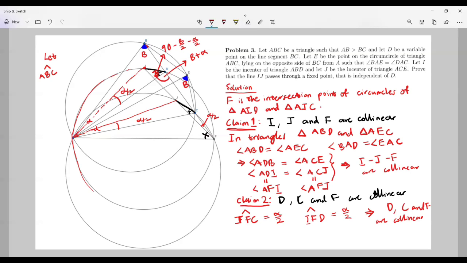Okay, and then we have this angle here is alpha over 2. So it means this angle here will be this angle plus this angle minus 180. So let's find this angle. Let me use a different color. So basically we're just done with it, just want to finish it off.